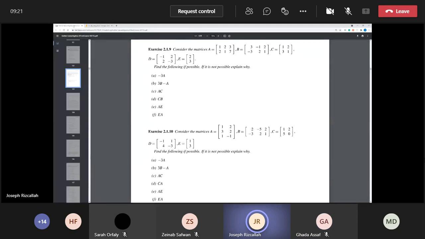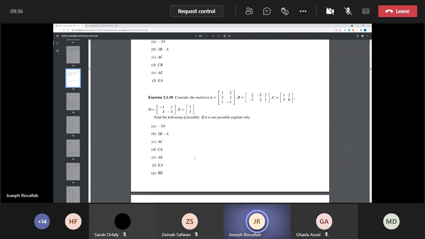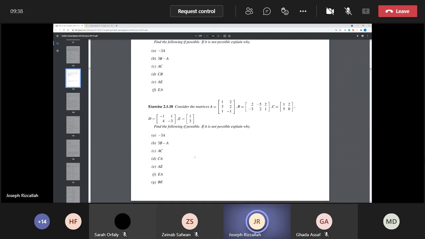Here are the matrices. I'm going to copy them first, and then I will show them to you. So 2.1.10, and the matrices are, let me see, do we need them all? Almost all, except D. I don't need D, so I'm not going to copy D. A is 1, 3, 1, 2, 2, minus 1.